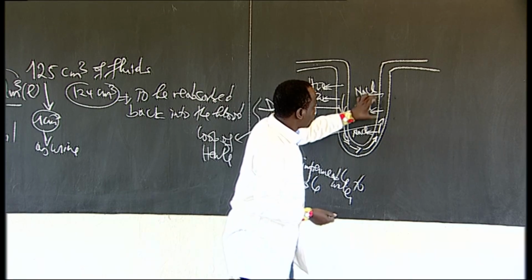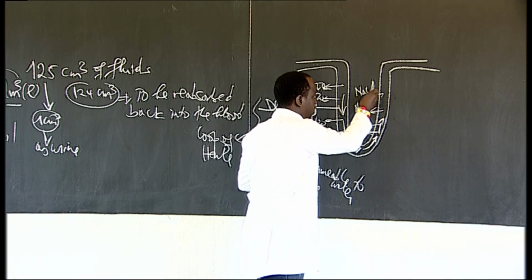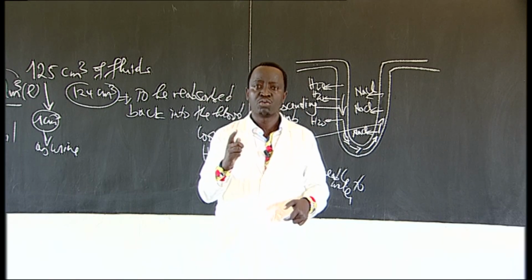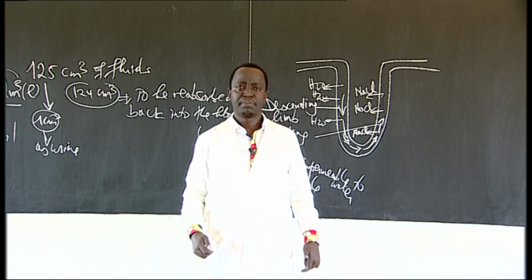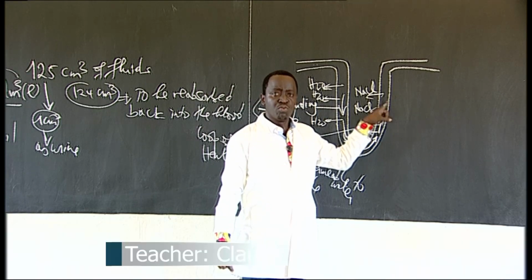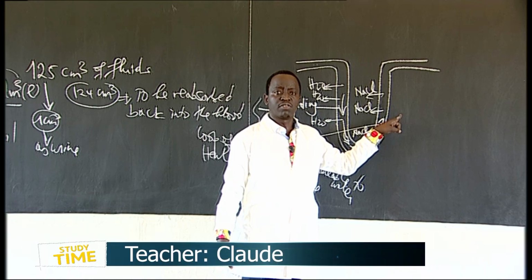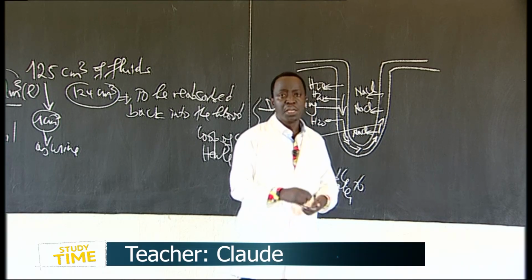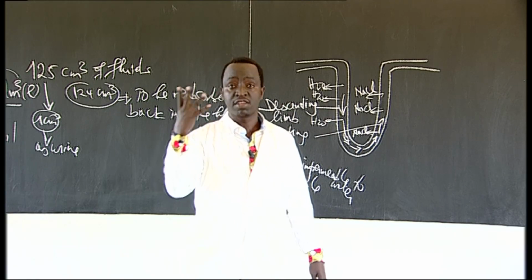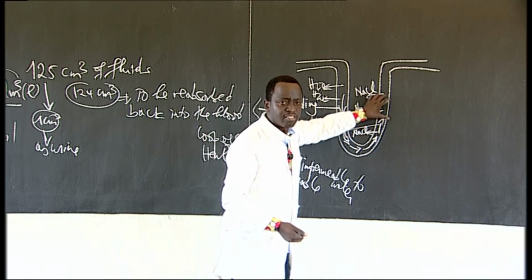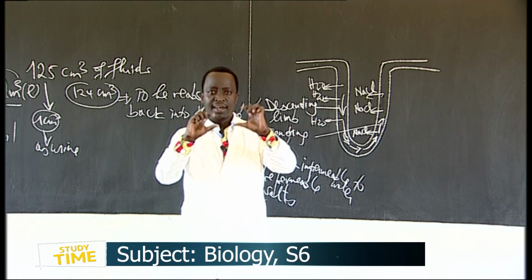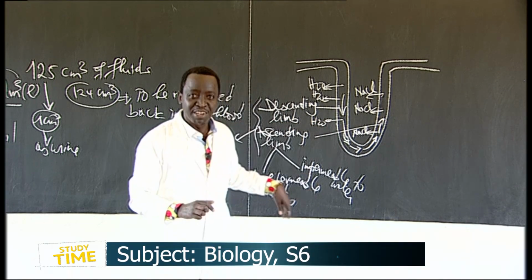So now, when the salts and ions are removed out, what happens? Our urine is going to be less concentrated. It's going to be diluted because there is water that is remaining here.